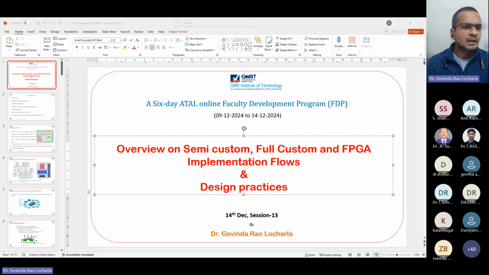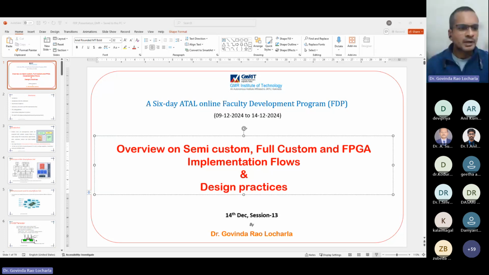We'll be starting with the introduction to the SoC architecture, system on chip architecture. There we will get to know how complex ICs are nowadays, and from there we'll move to how various kinds of digital ICs are implemented.